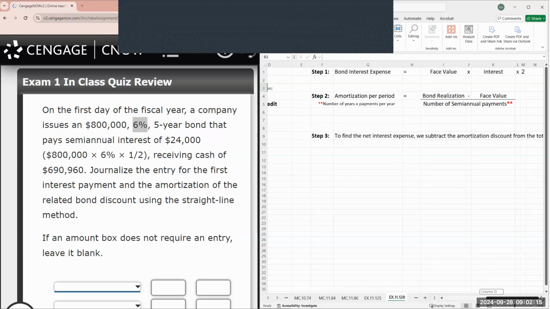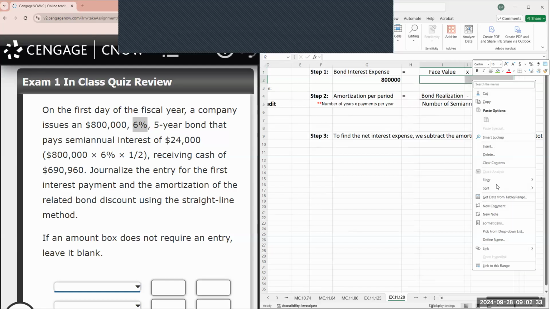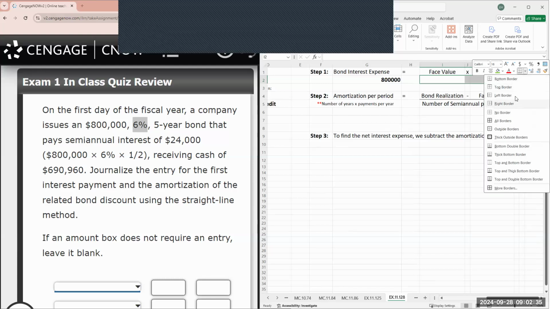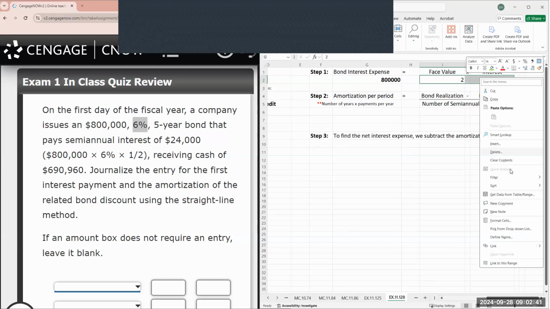So we worked on a similar problem before. So in this case, the bond interest expense, which is the 800,000, and we're going to switch this around so you don't get confused again, divided by 2. Because it should be half of a year, 1/2, but the program won't let you input that.